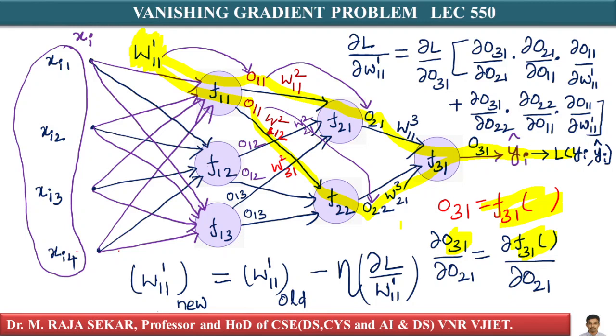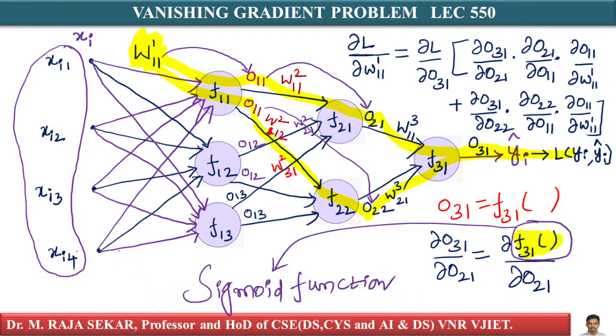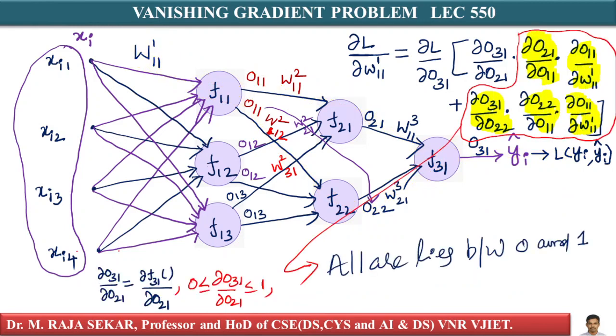Remember, each of these functions, F11, F12, F13, F21, F22, F31, is a sigmoid function. Sigmoid function means its derivative lies between 0 and 1. Therefore, as F31 is a sigmoid function, its derivative dou O31 by dou O21 lies between 0 and 1.